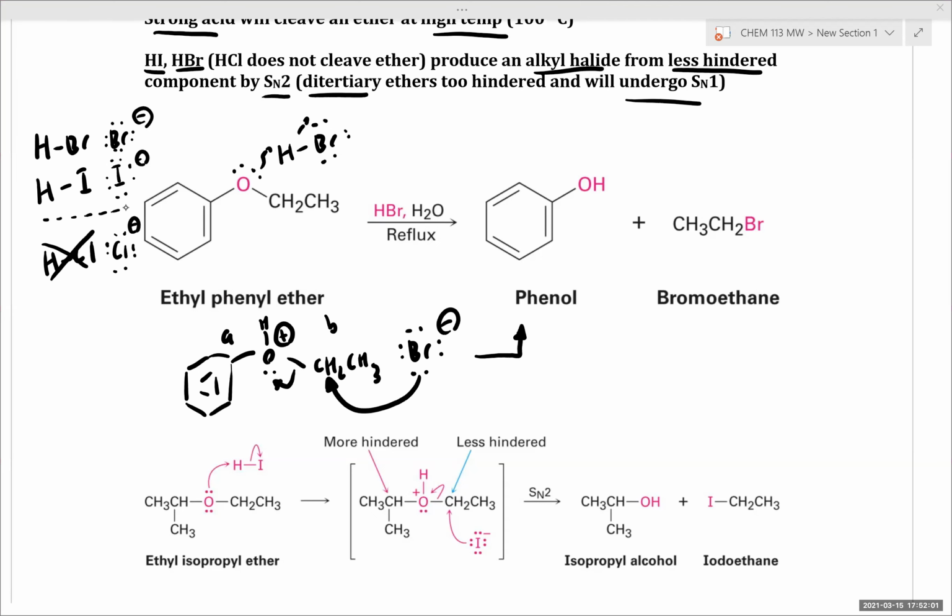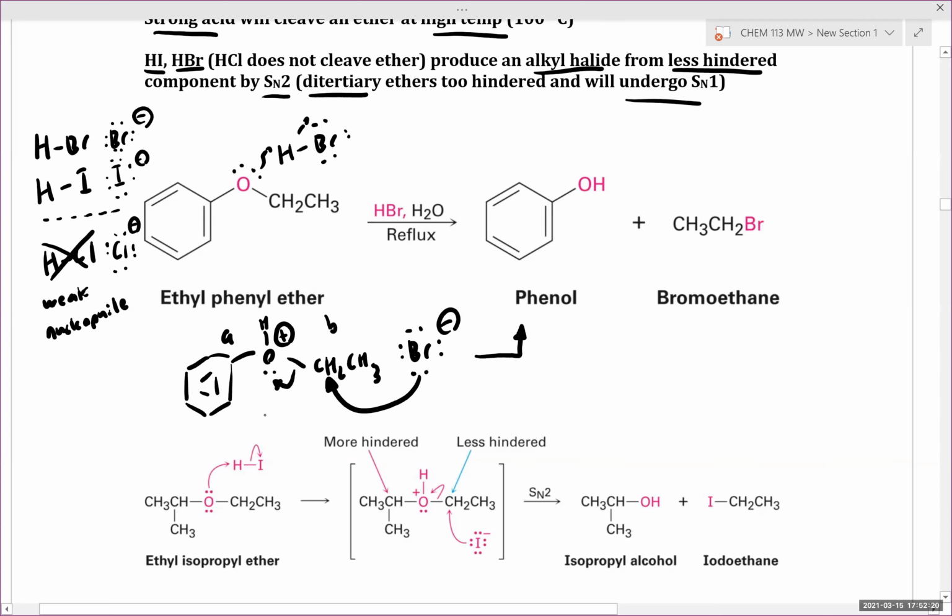Chloride is not as good of a nucleophile. Exactly right. Chloride is a very weak nucleophile, and as a result, it's not sufficiently strong as a nucleophile to displace this leaving group effectively.